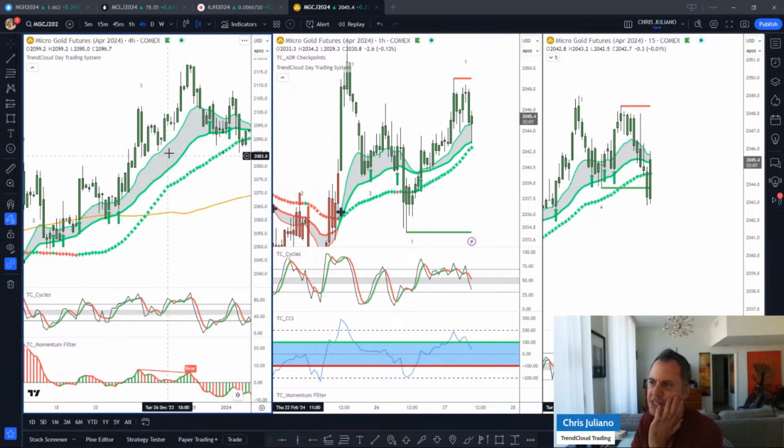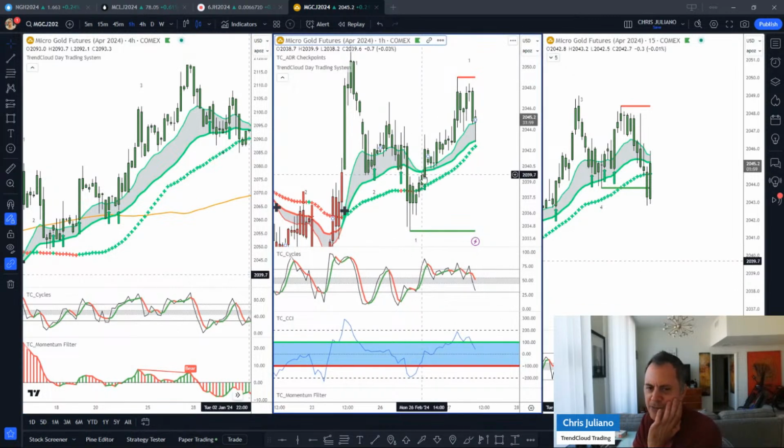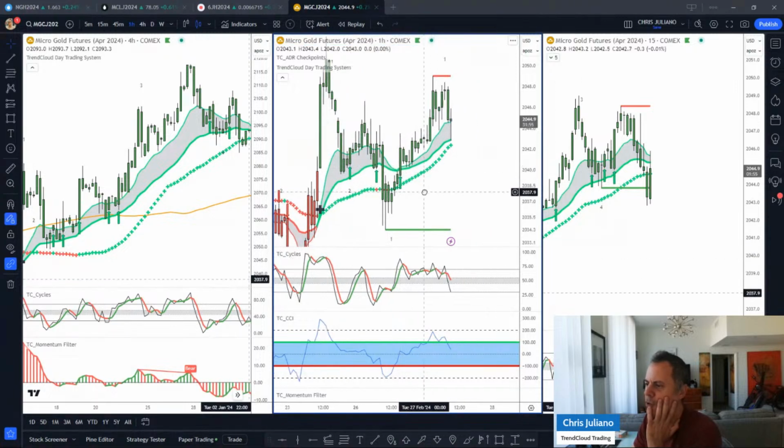Separation. You want to see nice separation in that trend cloud, not like this. This means a bunch of haywire stuff, a bunch of whipsaw takes place, right? Going from extreme high to extreme low on your momentum filters. We don't like that.